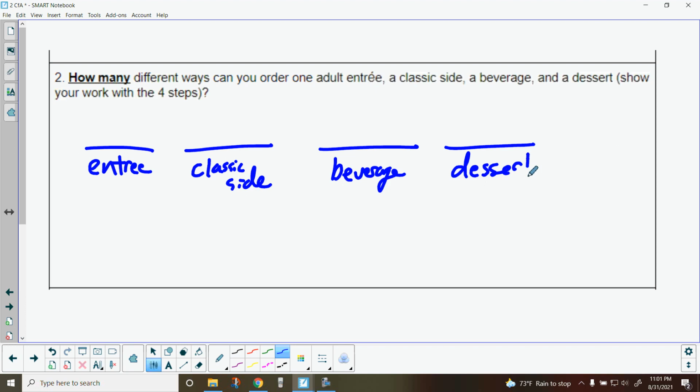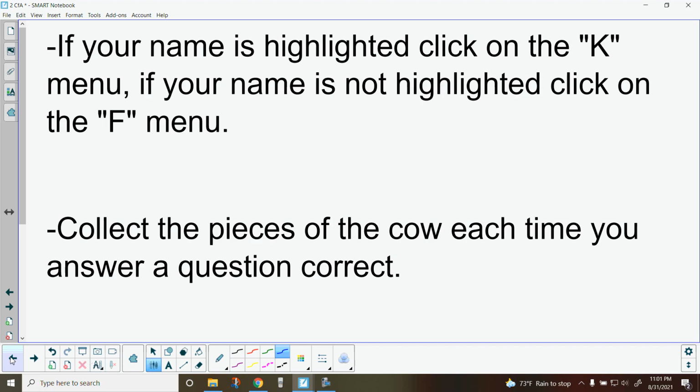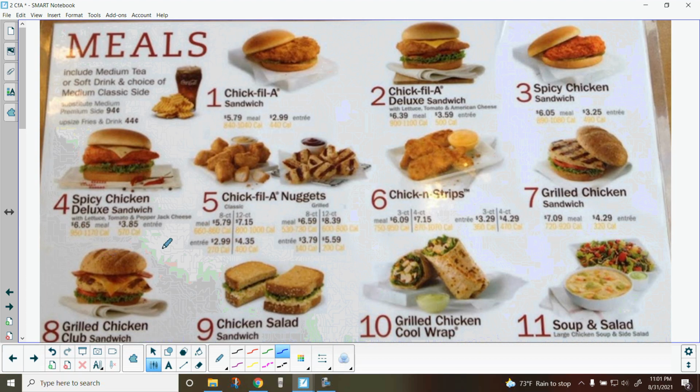So, if we go back to the menu, count all the entrees. You know, 1, 2, 3, 4, 5, 6, 7, 8.